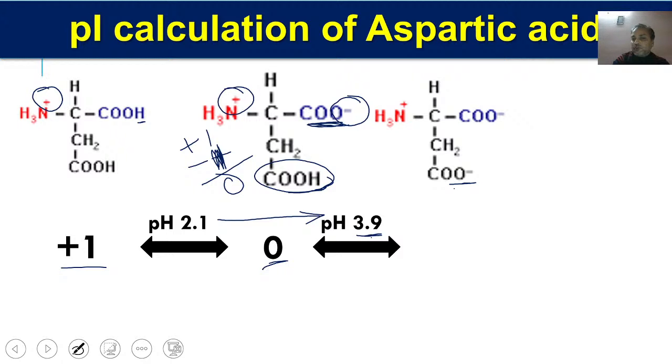So the H has gone from there also. Now what is the total charge in this one? It has 1 positive and 2 negative charges. So the overall charge is 1 negative, since one positive cancels one negative, and the balance is 1 negative. So that I have written. Is it clear?